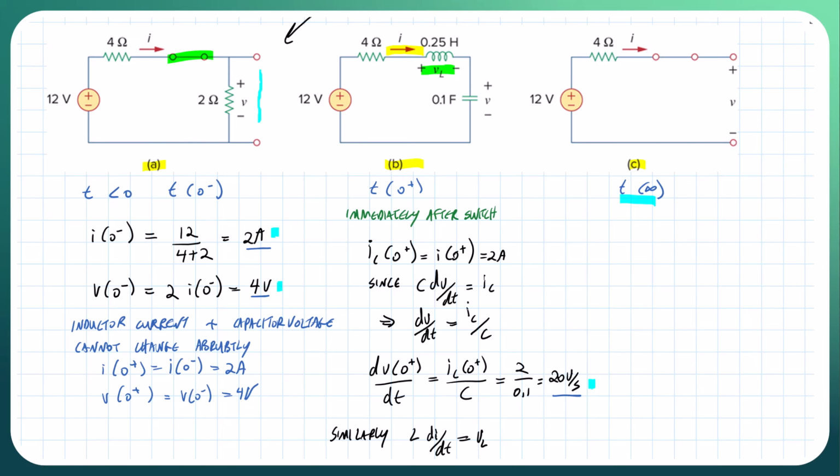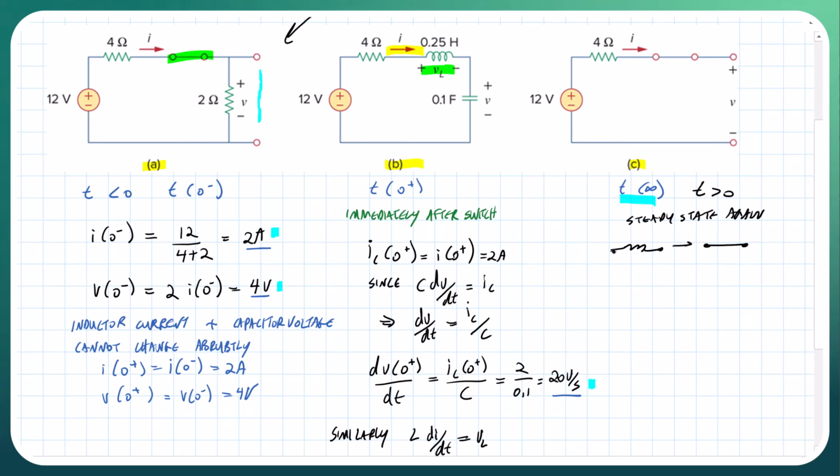Okay, so for t greater than 0, again, you can think of this as t goes to infinity. We get steady state again. Okay, so the inductor acts like a short.